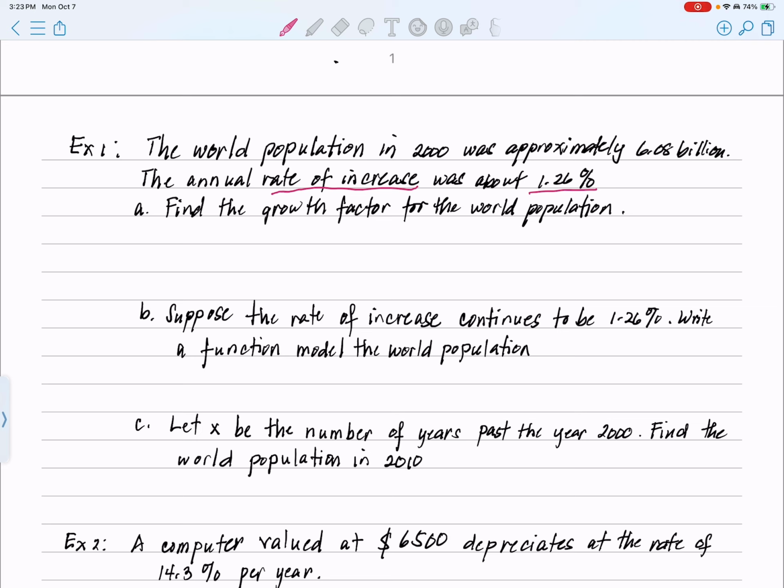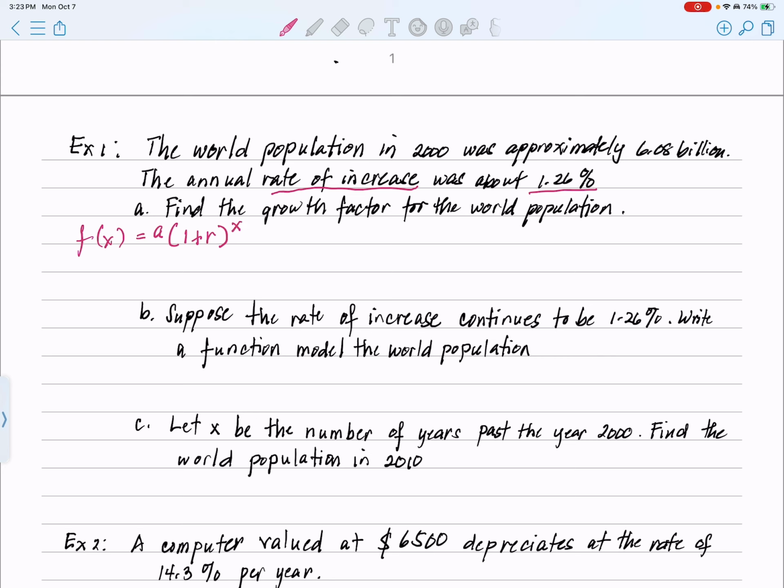Okay. If we try to look at this, we go straight to the formula that we can use. This is a growth: f of x equals a times (1 plus r) to the power of x, since this is growth.